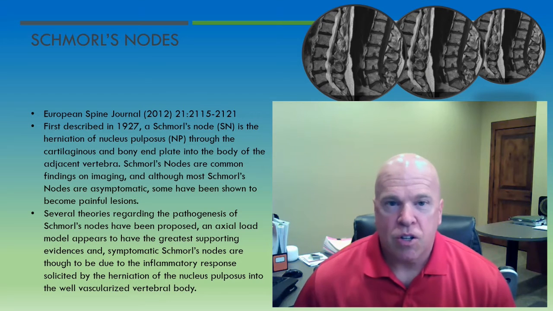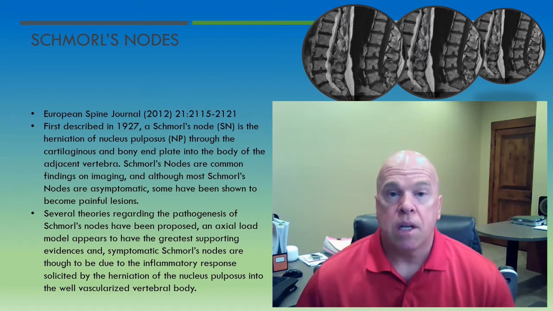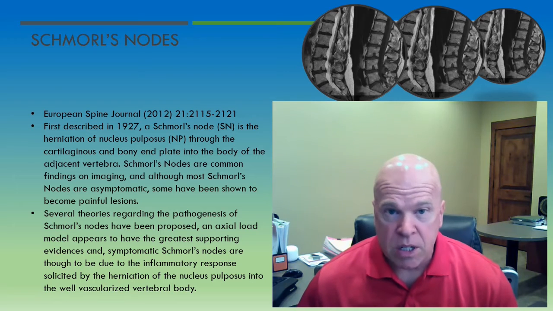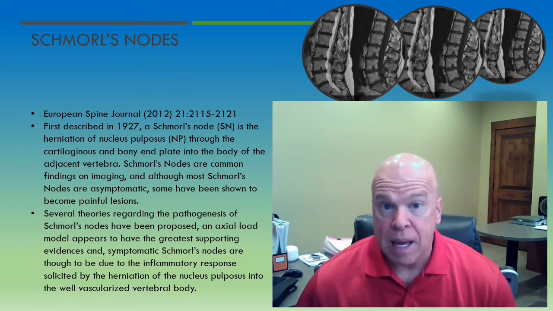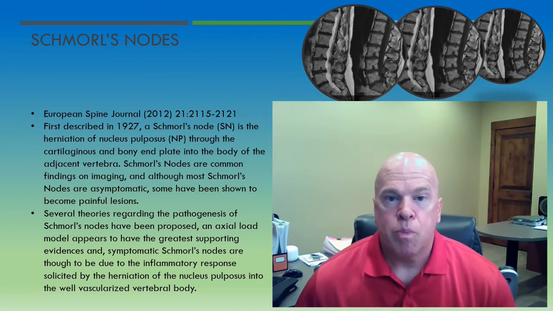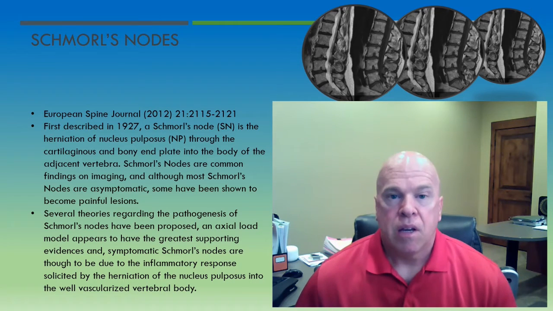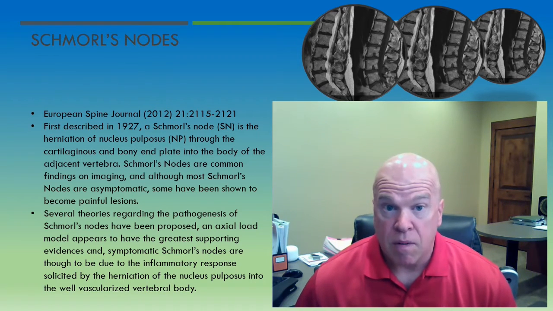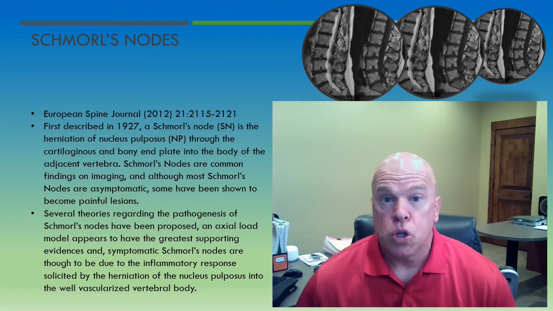In today's discussion, I want to talk to you about a common spinal condition that you will encounter in examinees who are reporting ongoing back pain and activity limitations due to back pain, even despite extended periods of total temporary disability, even despite extended periods of conservative and even invasive care. Today we're going to talk about Schmorl's nodes.